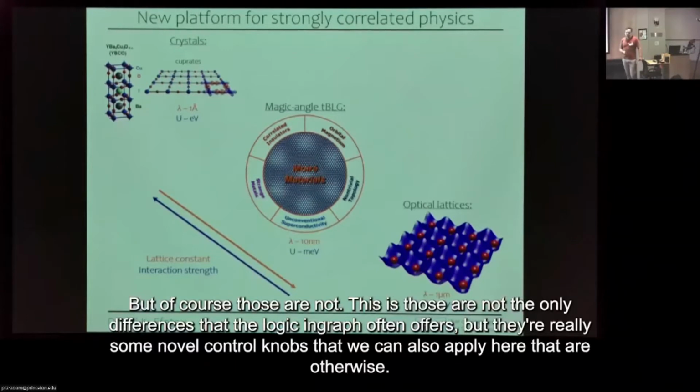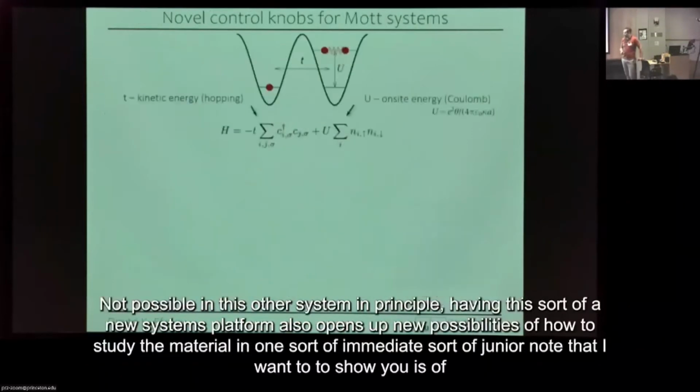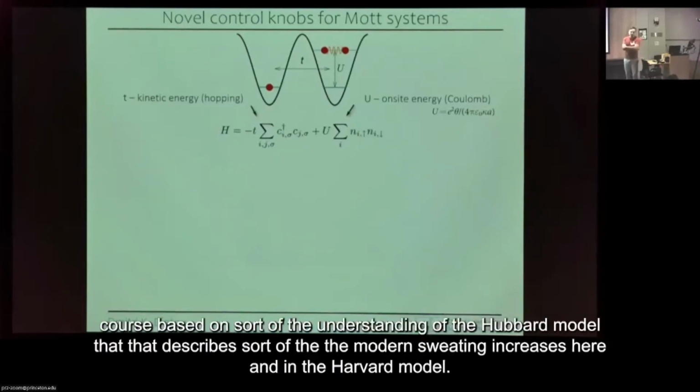There are really some novel control knobs that we can apply here that are otherwise not possible in these other systems. So in principle, having this new platform also opens up new possibilities of how to study the material. And one immediate tuning knob that I want to show you is based on the understanding of the Hubbard model that describes the Mott insulating phases here.